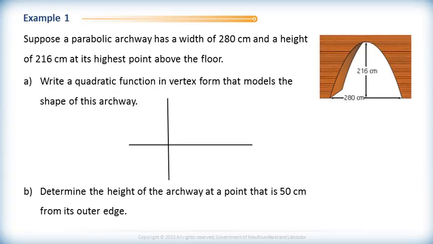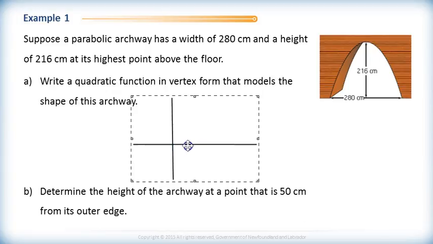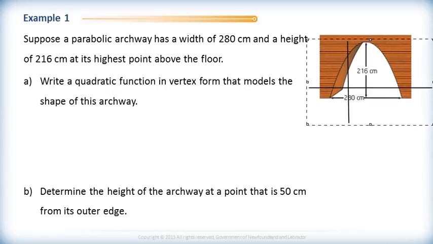One of the keys to these problems is to place the diagram on a coordinate system. And you really want to be strategic about where you place the origin right here. If I just choose some random location like that, that's not going to be very helpful.